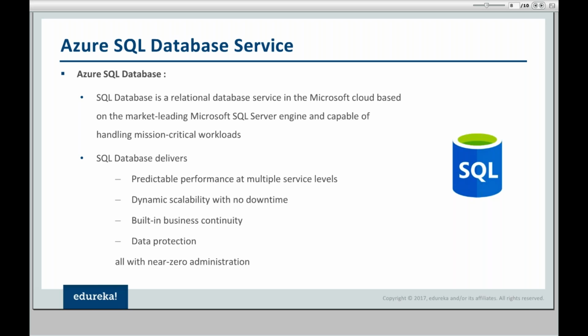So that's dynamic scaling that we do here. And you can also do your built-in business continuity. And we have the data protection where you can do dynamic data masking, you can configure alerts, you can process alerts. So all these things can be done over here.